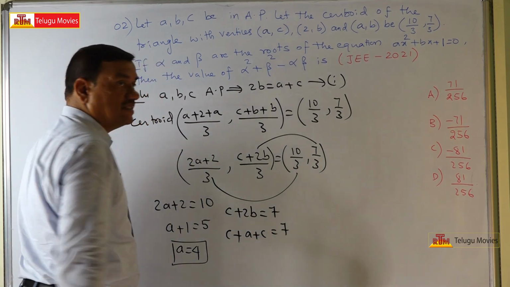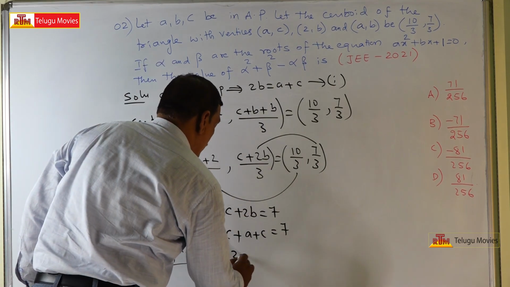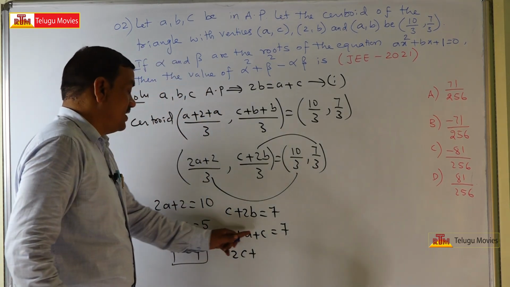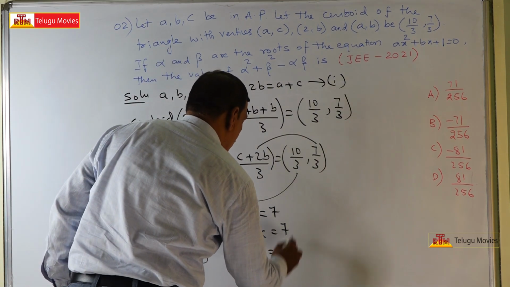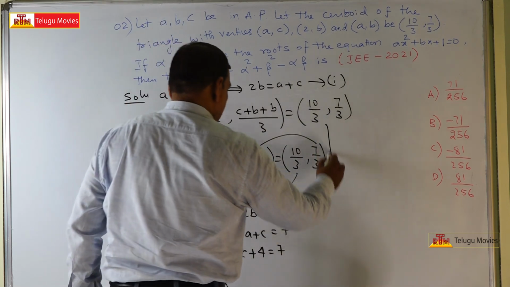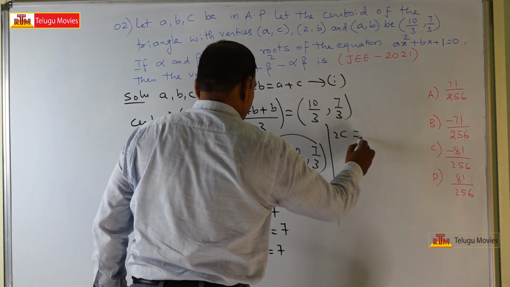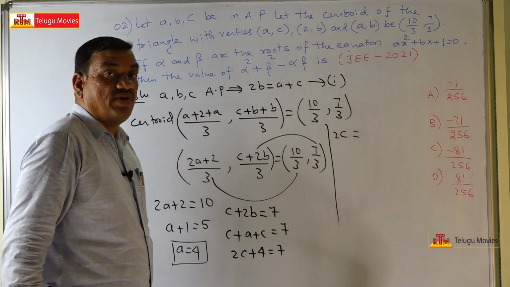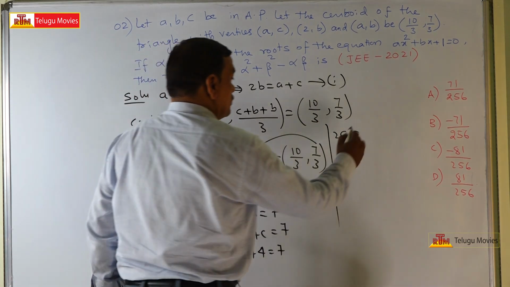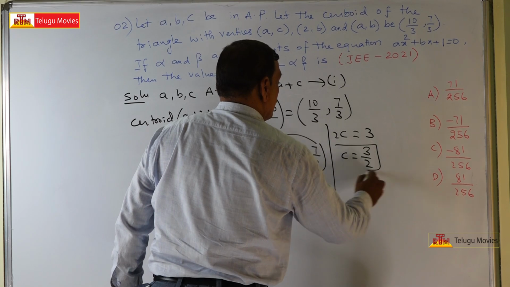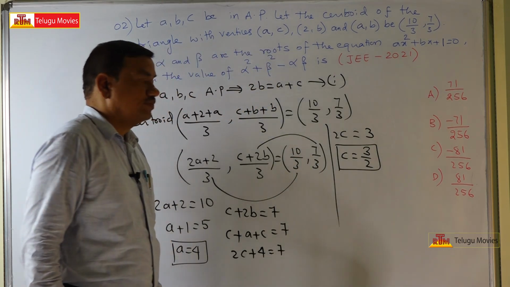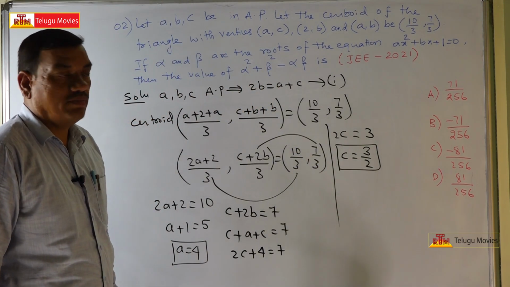This is 2c plus a value, already 4, is equal to 7. So 2c is equal to 7 minus 4, that is equal to 3. The c value is 3 by 2. We got the c value as 3 by 2.